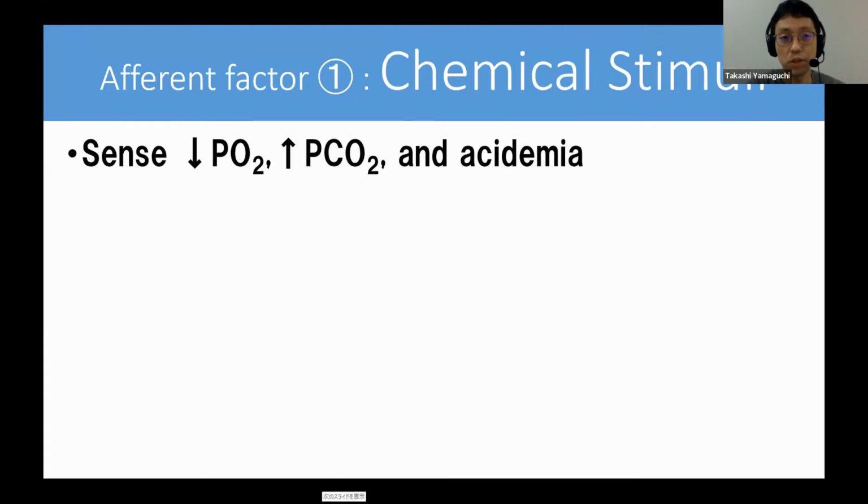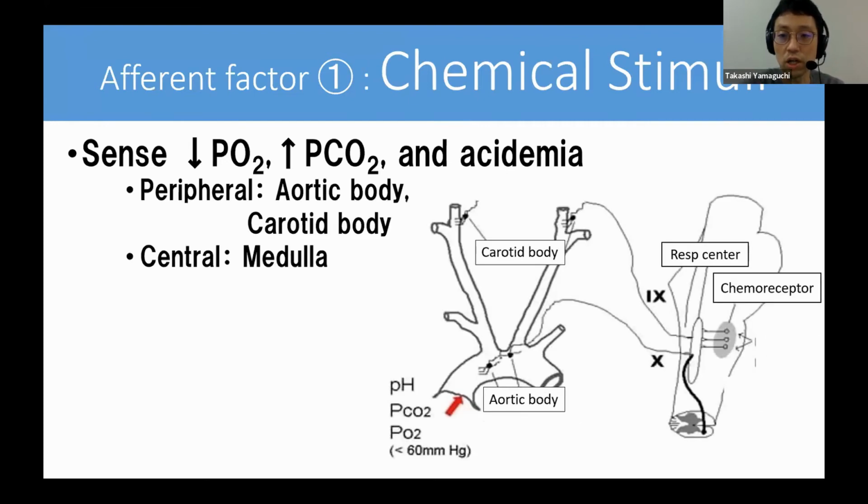Low PO2 and high PCO2 will stimulate the chemical receptors. There are peripheral and central chemical receptors. Peripheral chemical receptors are located in the aorta and carotid arteries, while central receptors are located in the medulla.